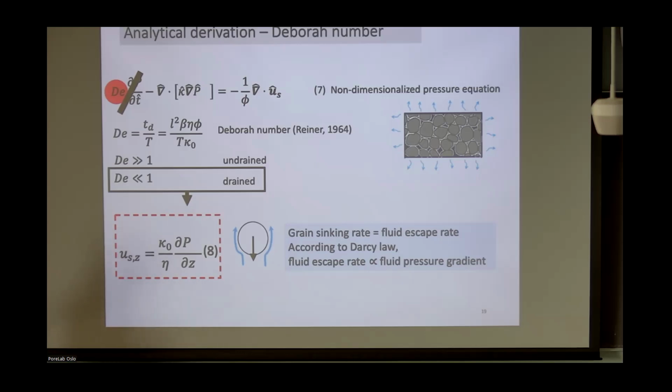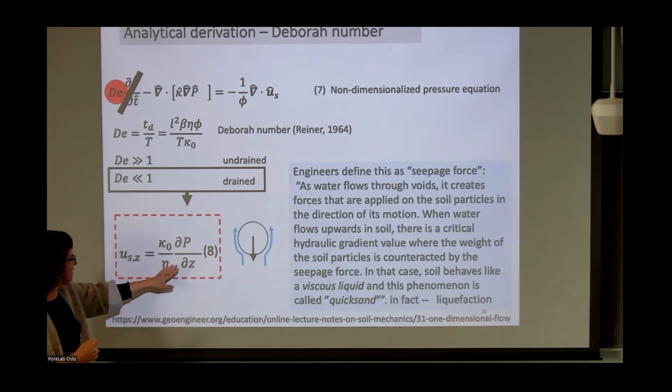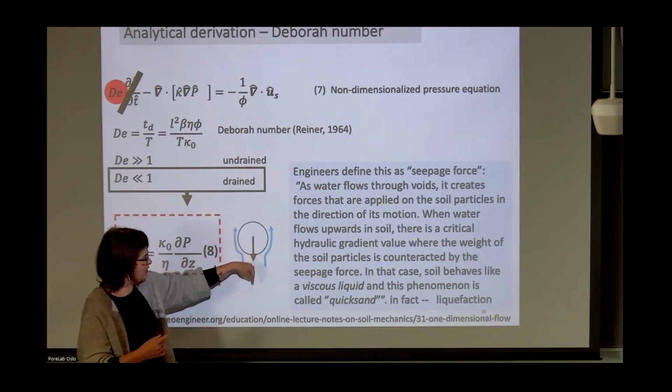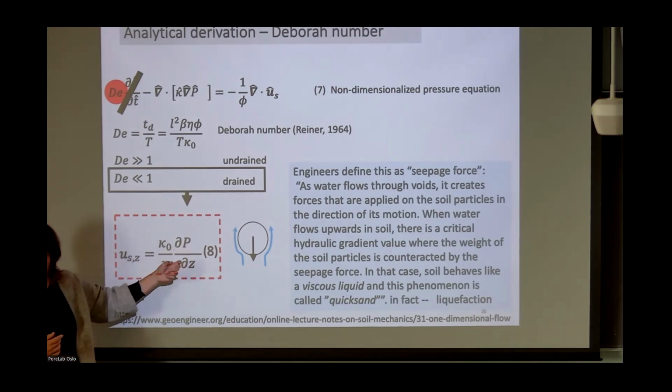And then there's a compaction front, and below it, everything is compacted and nothing moves. So if your density exceeds some critical value, you stop the grain. Yeah, that's what happens, but that's a story that will come. Engineers define this force that the fluid exerts on the falling grains as the seepage force. Basically, this dP/dz exerts a force.